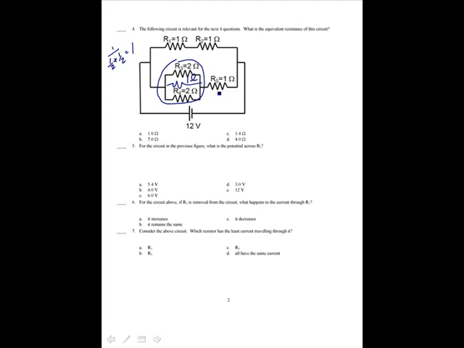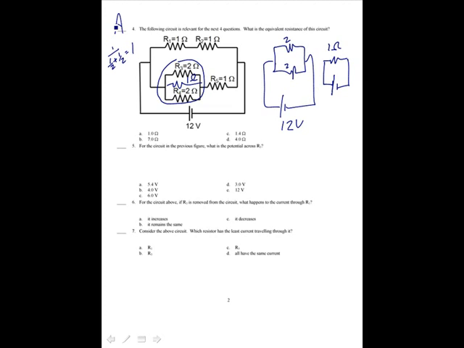And then combined with this resistor gives you 2 ohms. So when you simplify it, you get 2 ohms on top, 2 ohms on the bottom, so 12 volts. And then this, which we've already done, 1 over 1 over 2 plus 1 over 2 is 1 ohm. So the answer for number 4 is A.